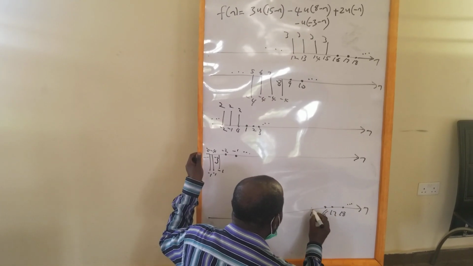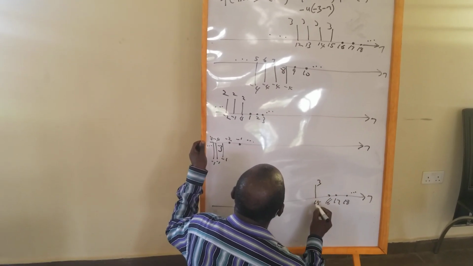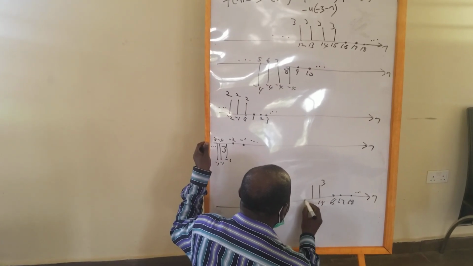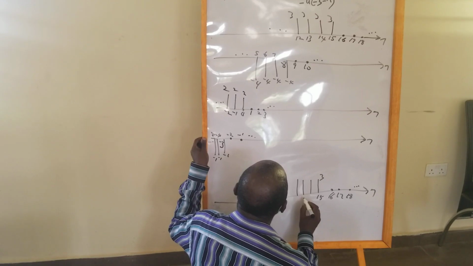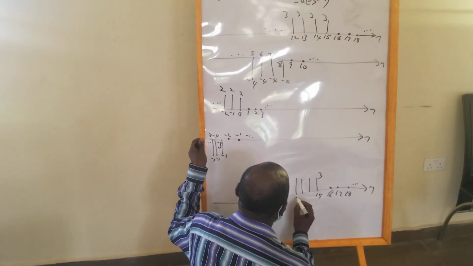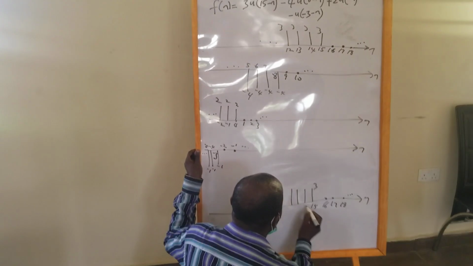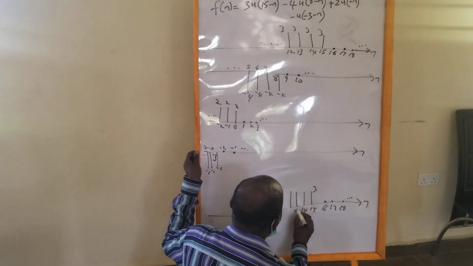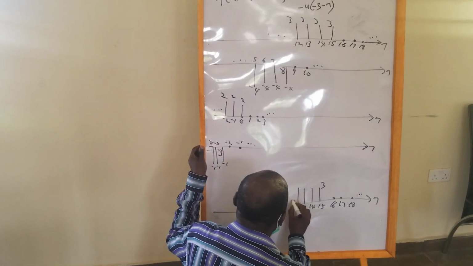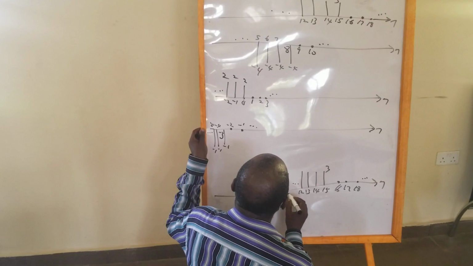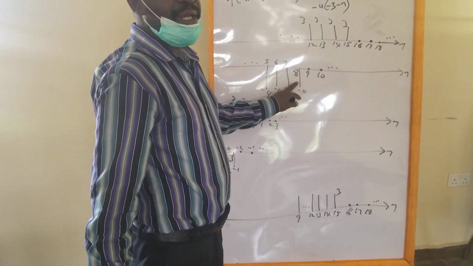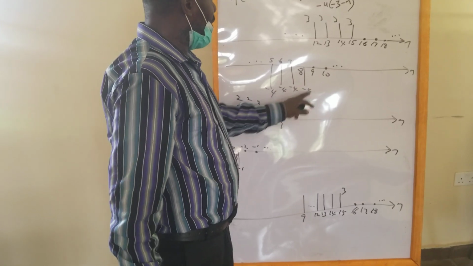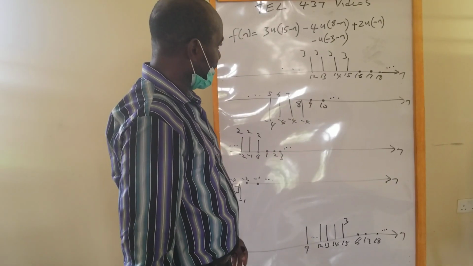At 15, I'm going to have 3, 14, 13, 12, up to where? Up to 9. Because switching is taking place here at 8. Up to 9, I'm going to have that 3.